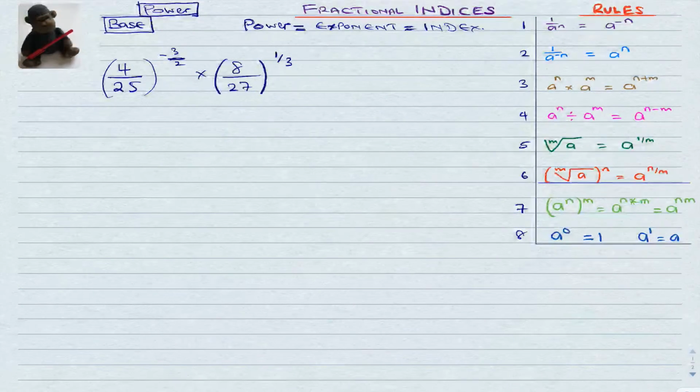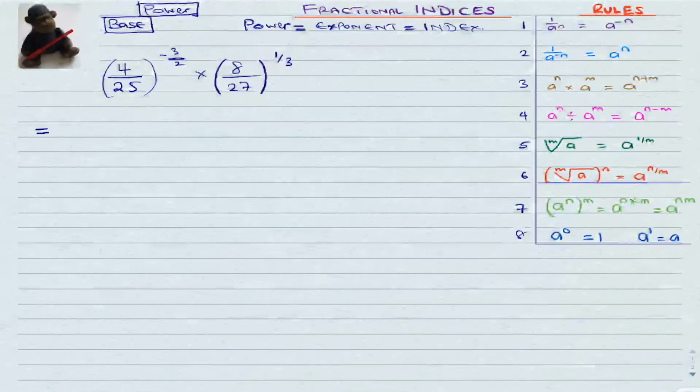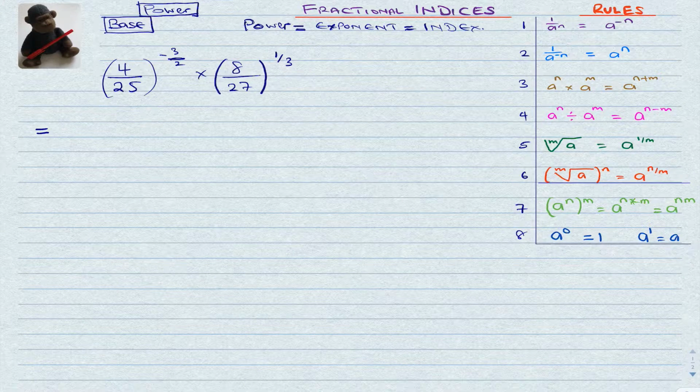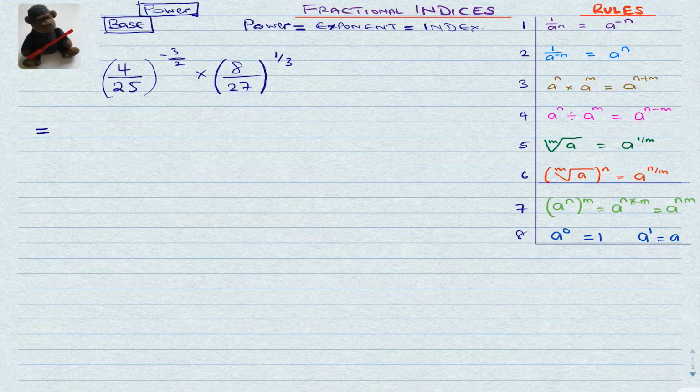Right, this is another question. So the best thing to do in this case is to again get rid of the negative fraction power. Turn that into positive fraction power. So what rule are we using here? We are using rule number 1 or rule number 2. It depends on the way it's written out.